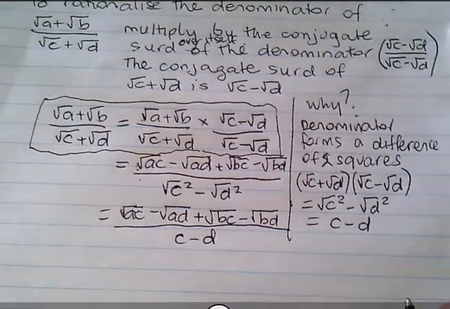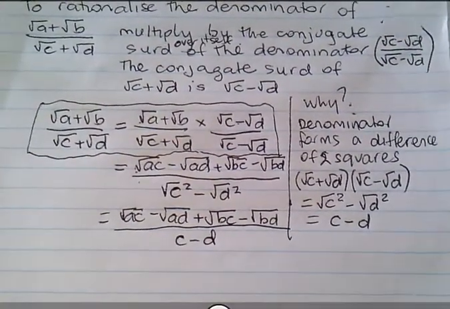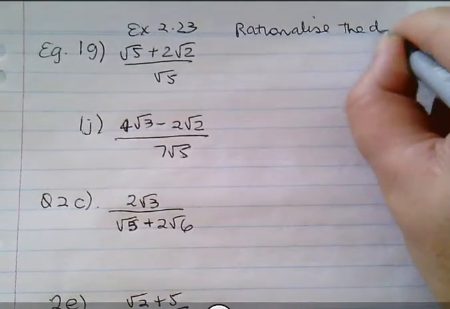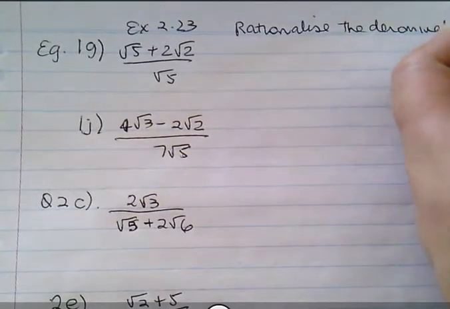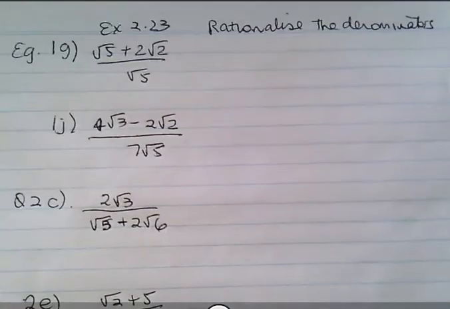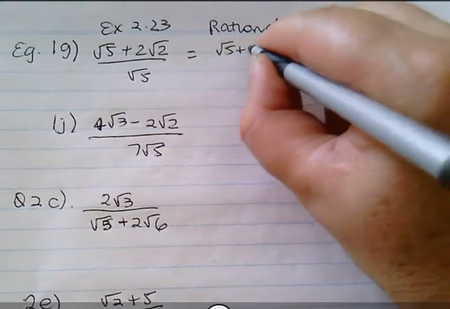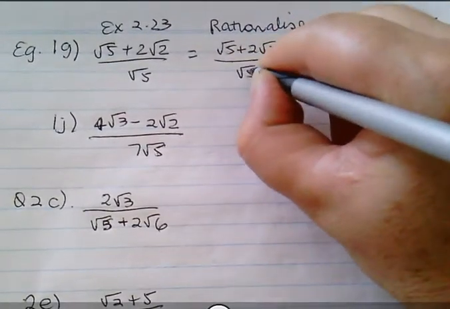All right, we'll do some examples. Exercise 2.23, some examples. Rationalise the denominators of the following. Okay, so all the questions are the same. So what do we do with the first one? We just multiply by, times what?